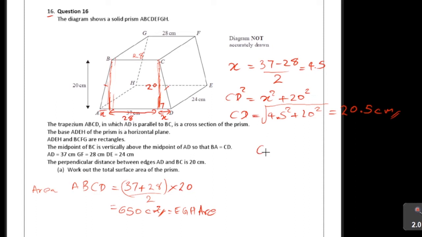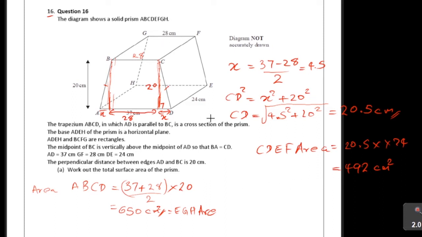So CDEF area, that's a rectangular area, so it is equals to 20.5 length into breadth into 24. 492 square centimeters, and that is also going to be the same area of ABGH. That will be same also ABGH.